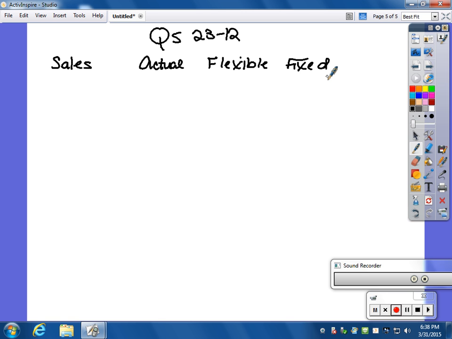Look at 963. That might be a good one. What were the amount of units sold for each one of these categories?